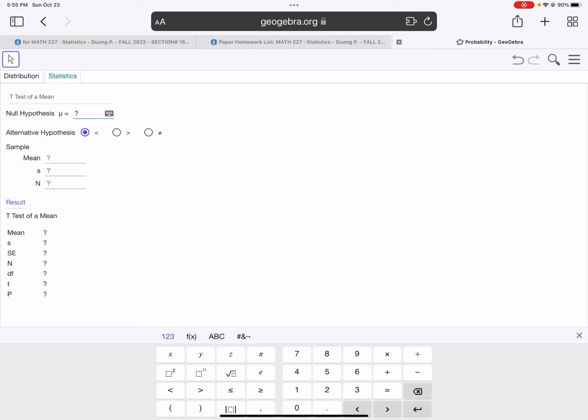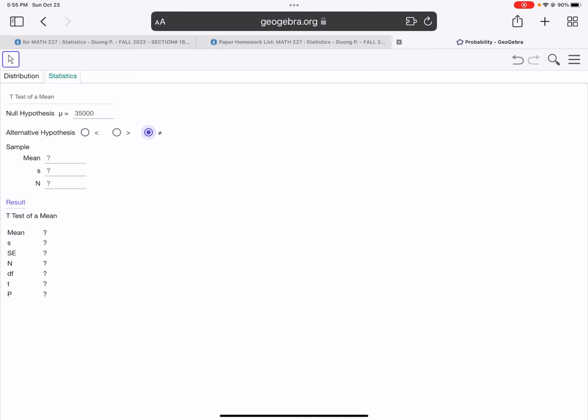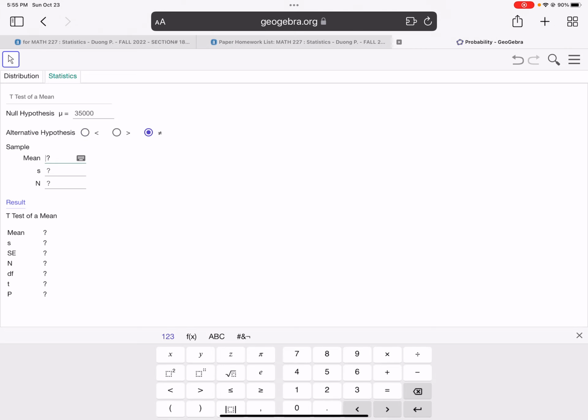For the null, we will input 35,000. And we use not equal to. Then the sample mean is 37,900.